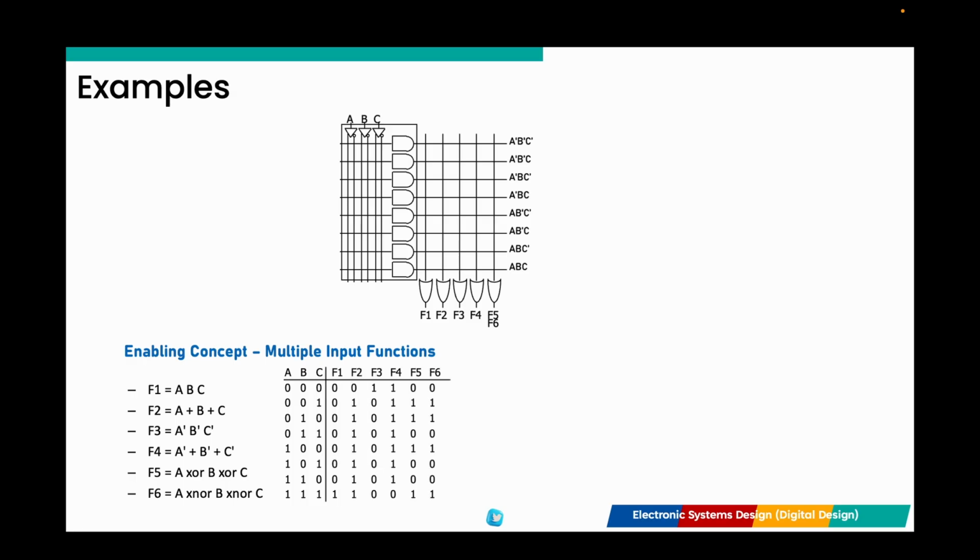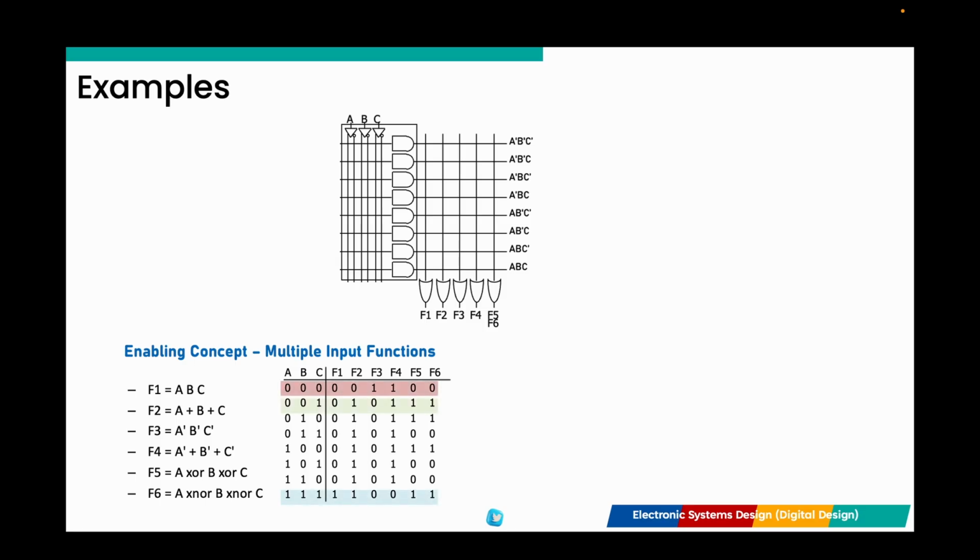For each of these 8 input combinations, we evaluate the output for all the functions, as mentioned earlier: F1 being A.B.C, F2 being A or B or C, until F6 being A exclusive nor B exclusive nor C. So essentially, for every row in the table, we are defining what each output should be.